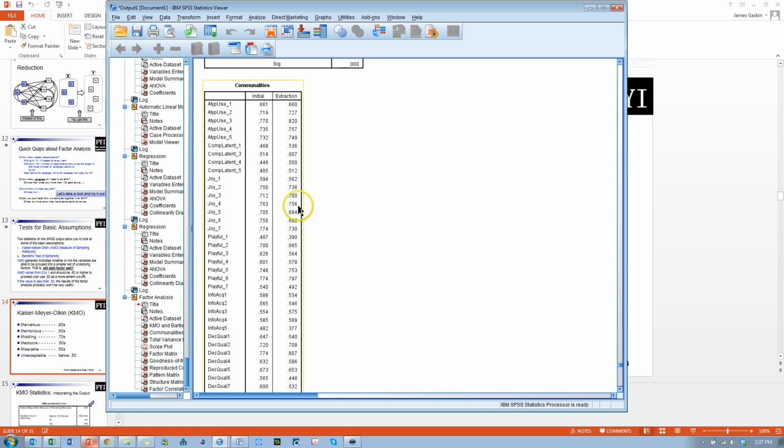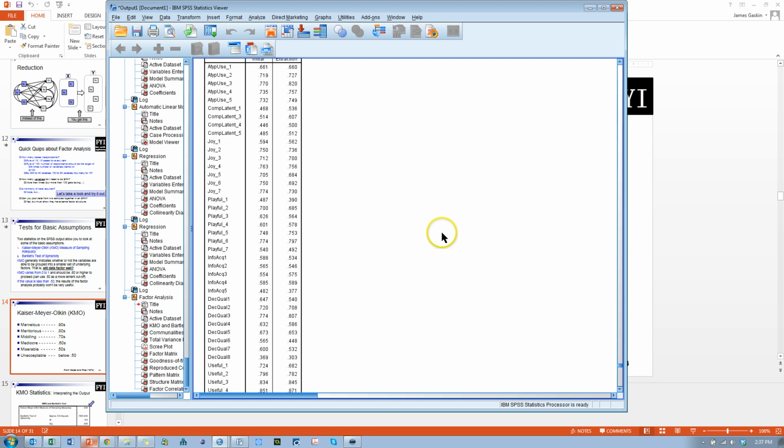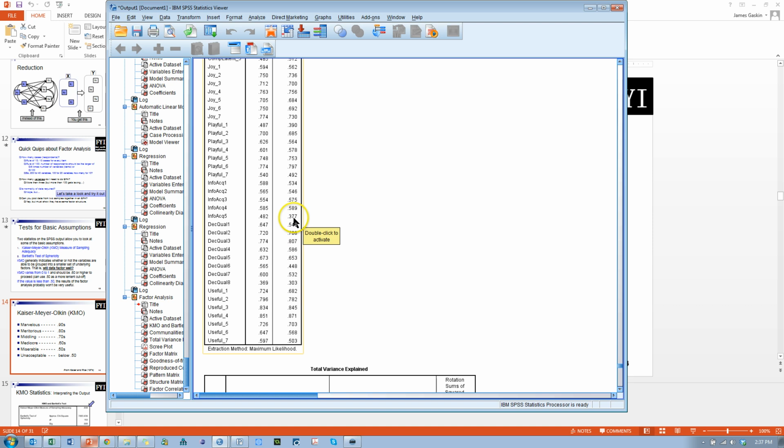We have really good values. 0.39 for playful 1, good enough. 0.39 is pretty close to that 0.4 threshold. Looking down, 0.377, that's probably fine. 0.303, that's getting pretty borderline right there. So what we'll find probably is decision quality 8 doesn't load well. So keep that one in mind, decision quality 8.